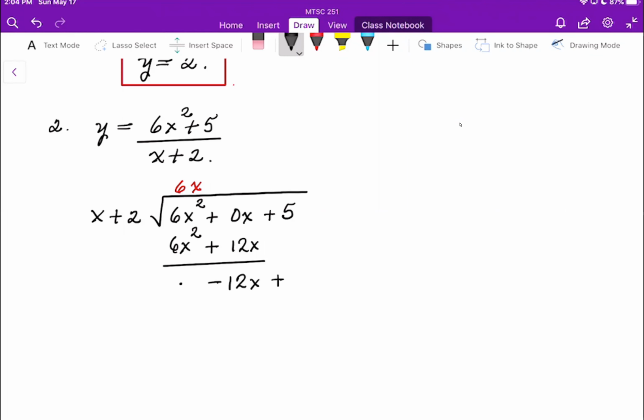Then we're going to bring down our 5. So now x goes into negative 12x, negative 12 times, and then negative 12 times x plus 2 is going to give us negative 12x, and then we're going to get minus 24.